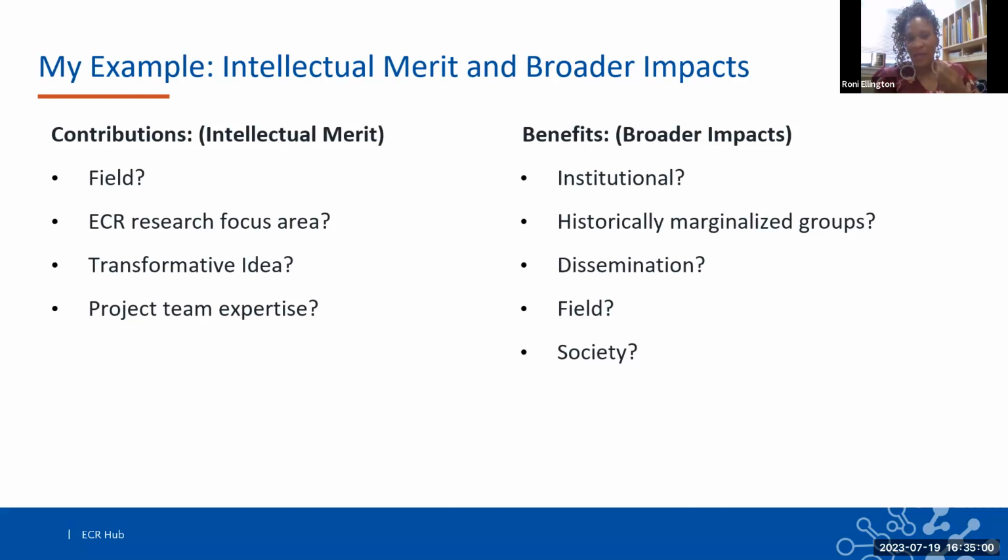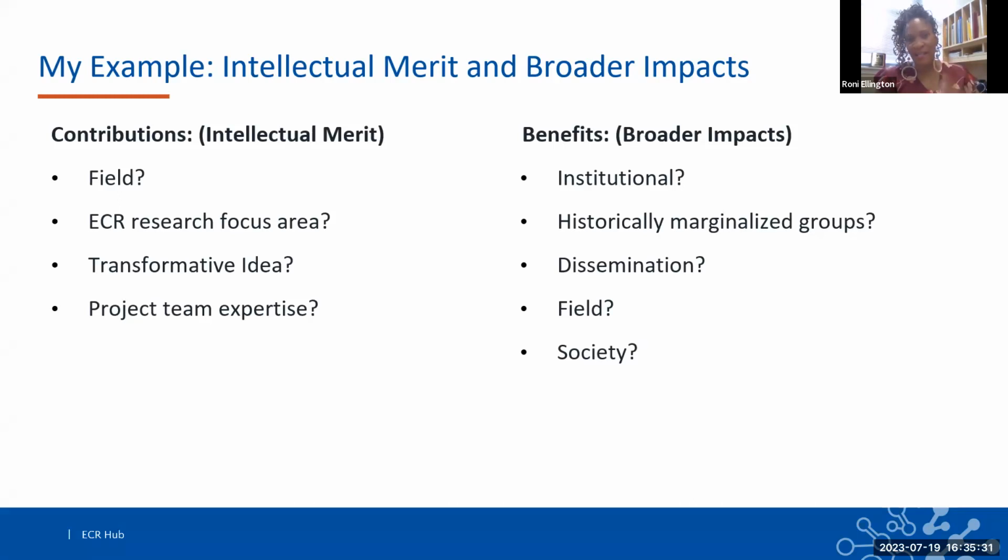When I think about benefits, I think about institutional benefits, specifically around HBCUs and leveraging the knowledge in HBCUs as institutional spaces that really are advancing positive identities and agency for Black children and students. I think that has an impact on all institutions. Looking at historically marginalized groups, again, I can make a case for why this work will help us benefit other marginalized groups in other spaces.